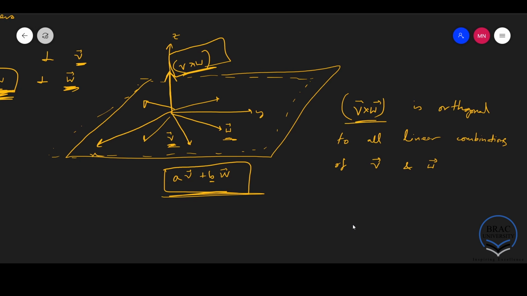So this vector is orthogonal to all linear combinations of v and w. So it is orthogonal to this entire plane that is generated by all the linear combinations of these two vectors.